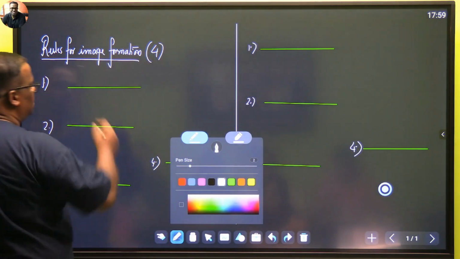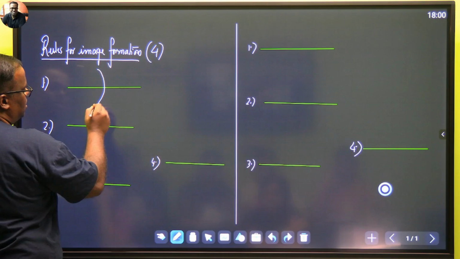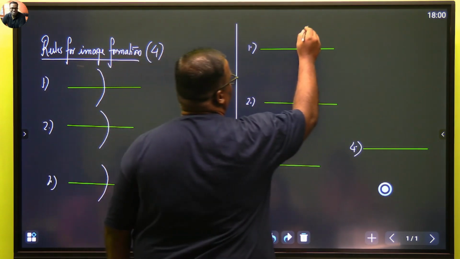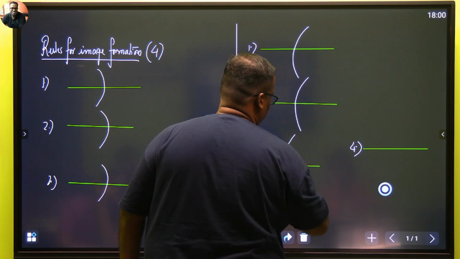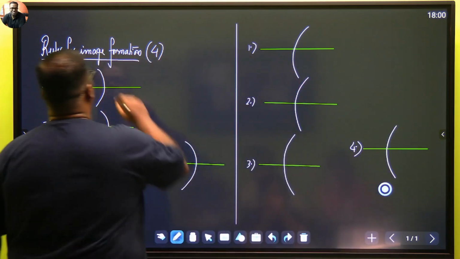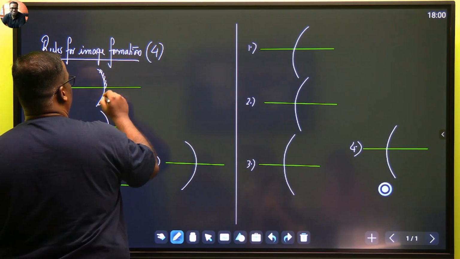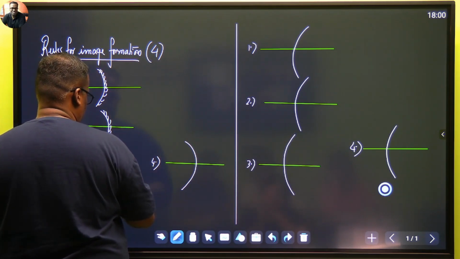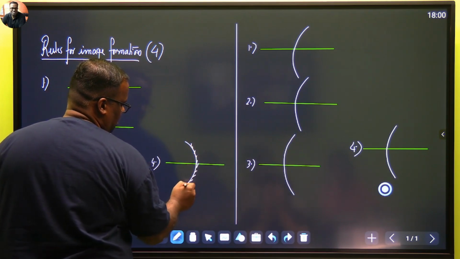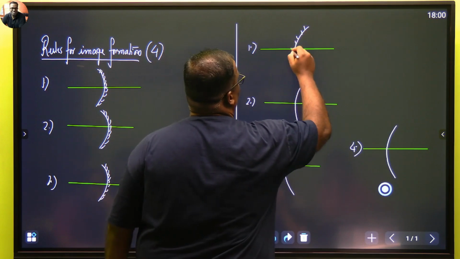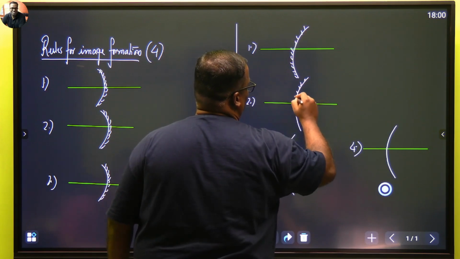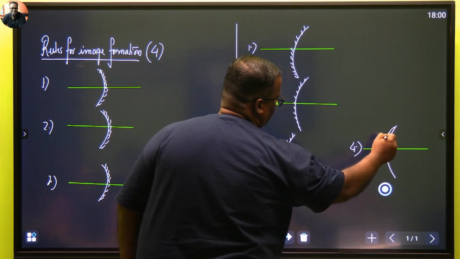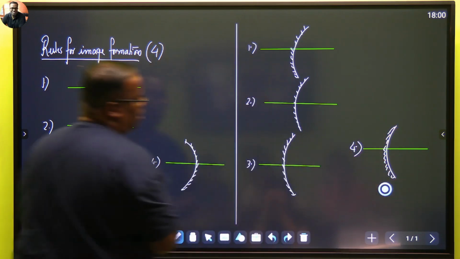Okay, let's look at our mirror. These are concave mirrors. So our mirrors are all like this, this, this, this. Our mirrors are convex. This, this, this, this. Let's etch them. So one. Right, let's go to our rules now.